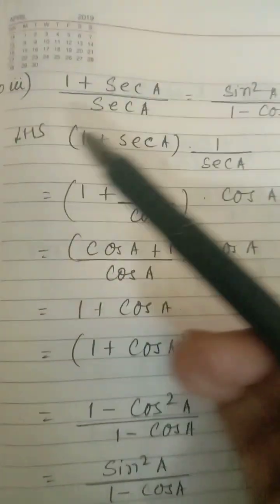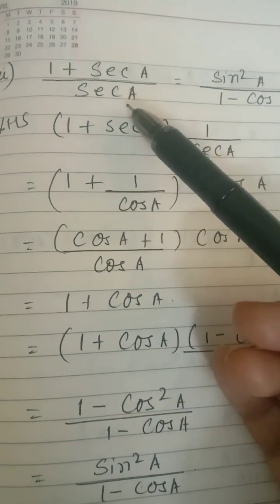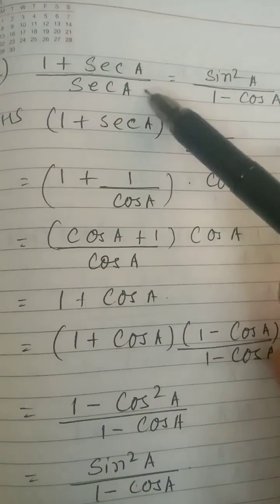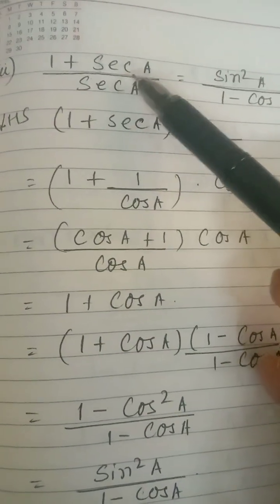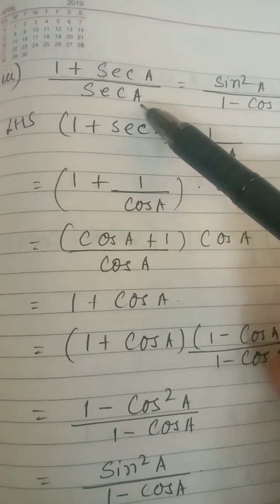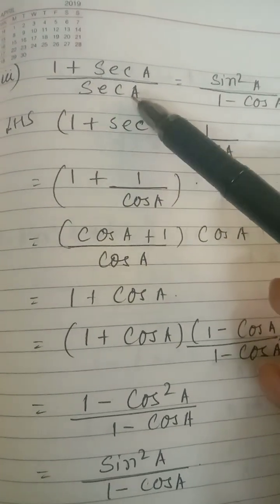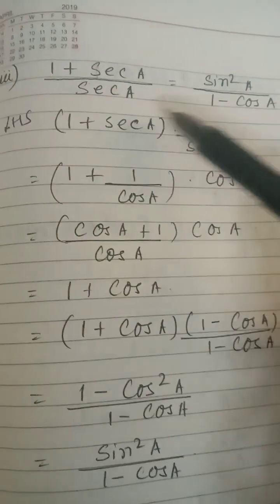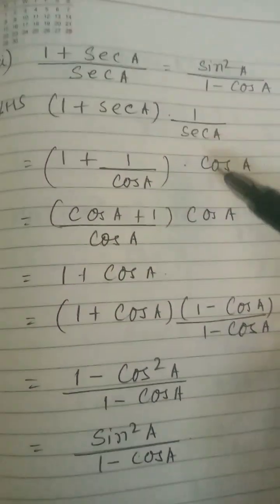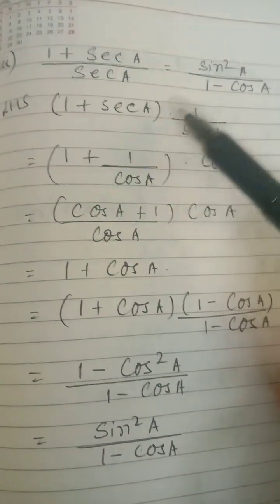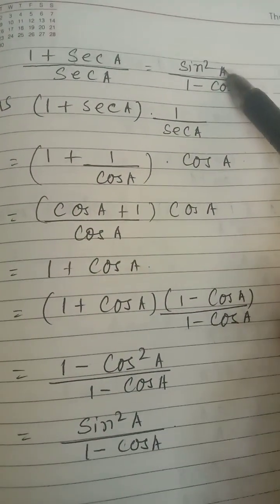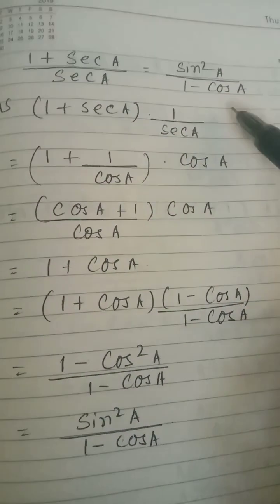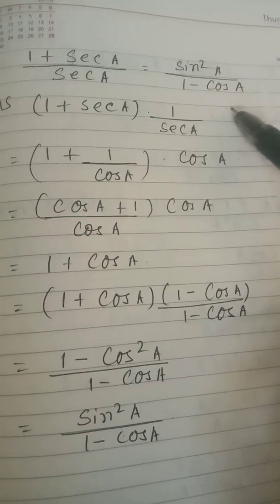Now question number 10 third. 1 plus sec A by sec A equals sine square A by 1 minus cos A. So here left hand side will be taken 1 plus sec A by sec A. It's written here 1 plus sec A in bracket, and this is 1 by sec A. Now here the right hand side we have to prove as sine square A by 1 minus cos A. So that means sec must be converted to cos to get the answer.